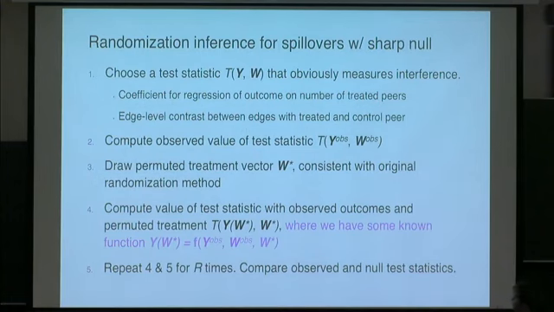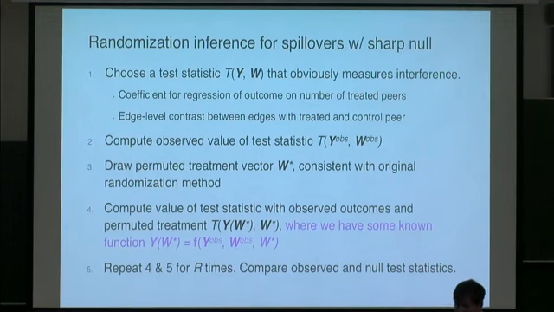But how would this method work? Basically, here we do the same thing as before, except that now we do have a way of filling in this test statistic under W star, because we have some function that takes the y that we did observe, the w that we did observe, and the w star, and gives us the y under W star, the y that we would have observed under that global treatment vector.